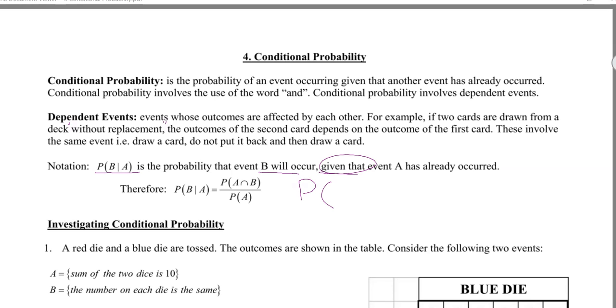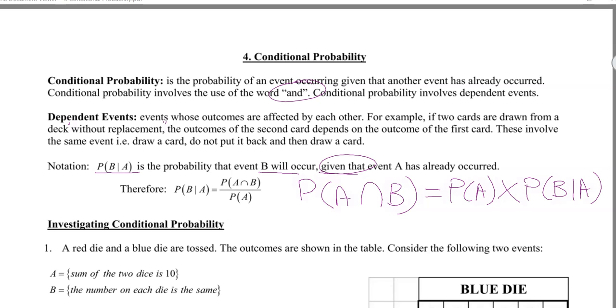The probability of A and B. Make sure this involves and, which involves intersection. A intersect B is the probability of A times the probability of B given A. So it means the probability that B happens given that A has happened.